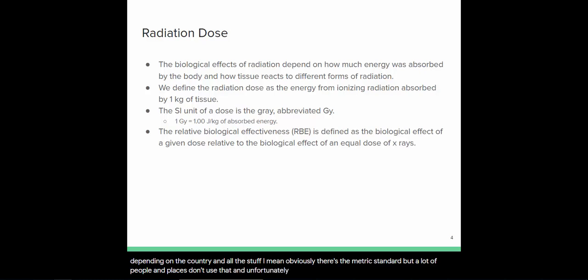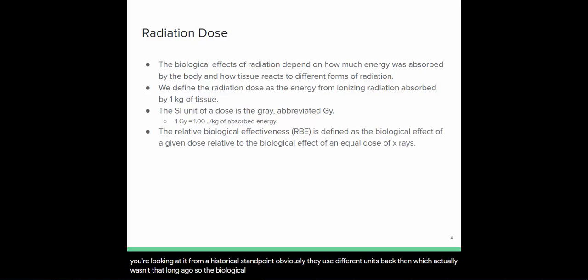And unfortunately, the standard units are not the common ones that you see nowadays. If you look up stuff, you'll see metric units. But unfortunately, most people are exposed to radiation stuff not from scientific sources. You're exposed to news or video games or some crap like that, where they don't have to use any sort of standard units. So it can be really hard to look at it. Or if you're looking at it from a historical standpoint, obviously they used different units back then, which actually wasn't that long ago.